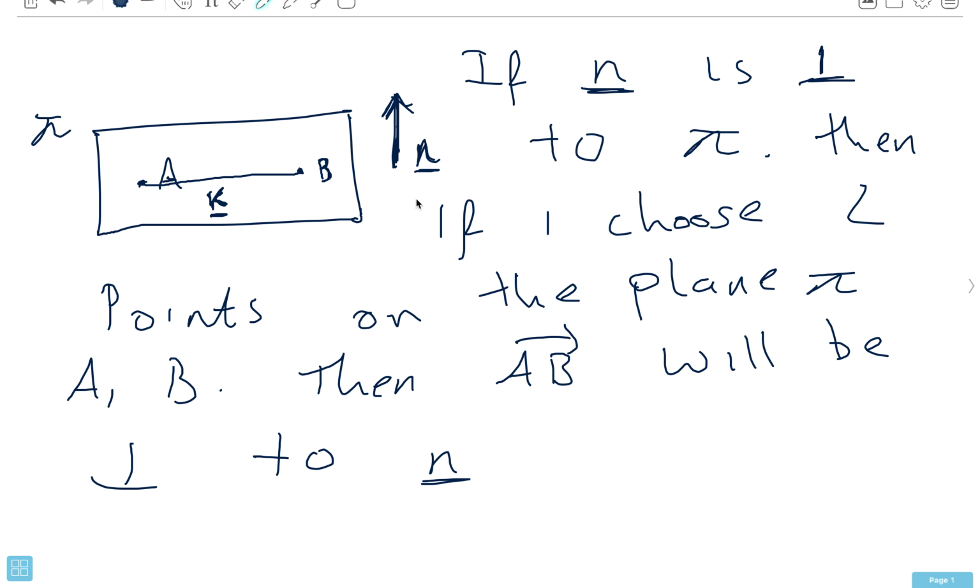Since n is orthogonal to this plane, anything on the plane, n will also be orthogonal to that, any vector on the plane. AB is a vector on the plane, by the way.